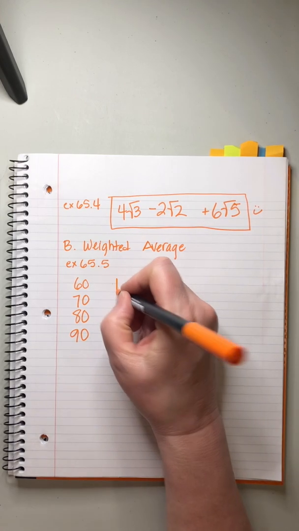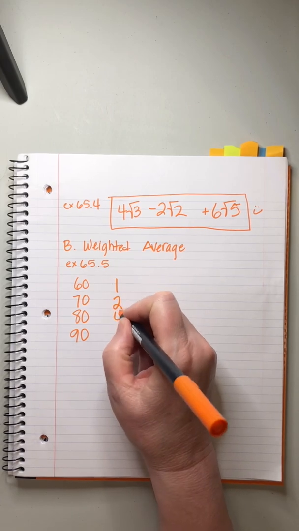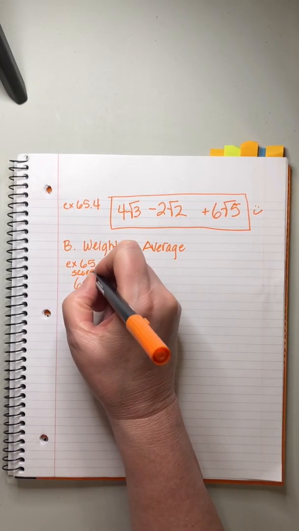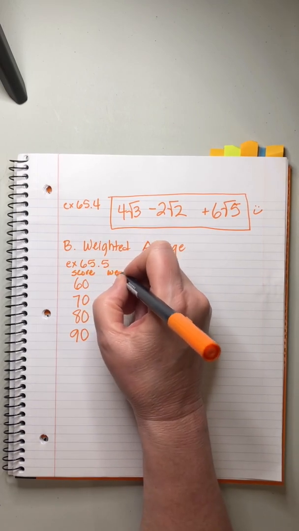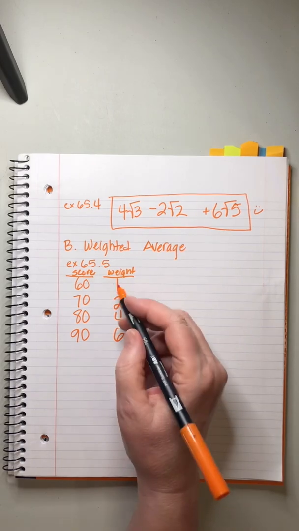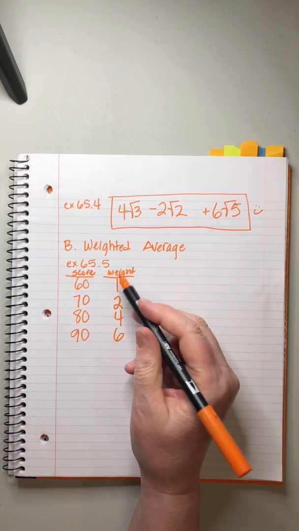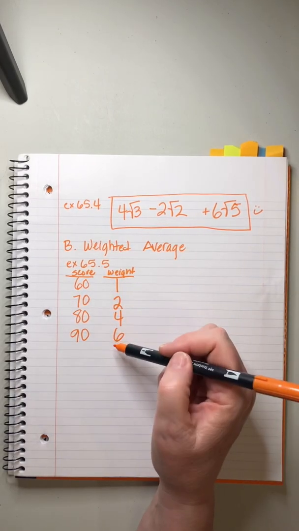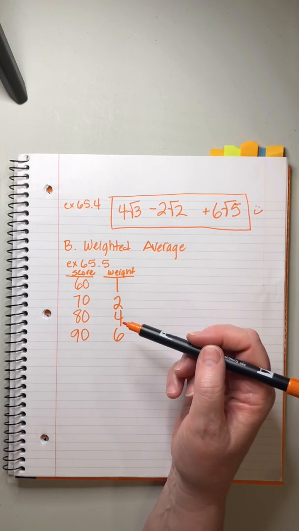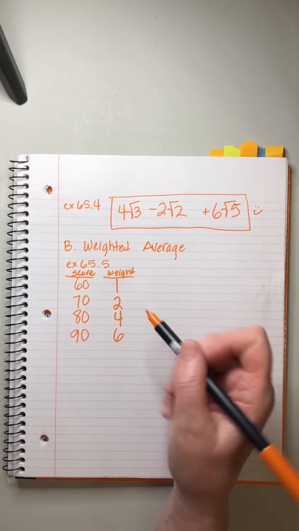Okay, 1, 2, 4, and 6. So this was the score, and this was the weight. This professor, let's say, is weighting the scores by multiplying them by this coefficient, okay? Looks kind of crazy, but yeah, they add up to 13. That's weird. So how do we calculate his grade on this?